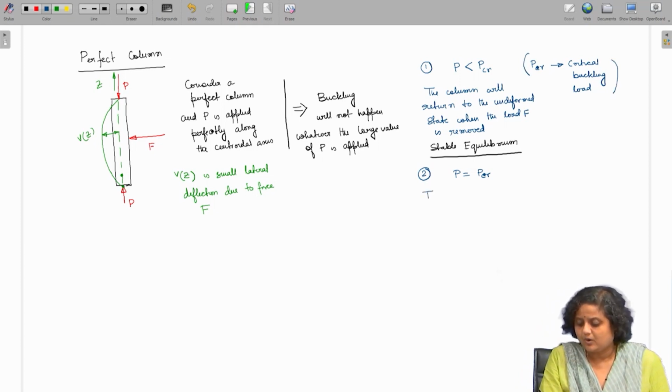Then the column will remain in the deformed shape when F is removed, but will not deform further.